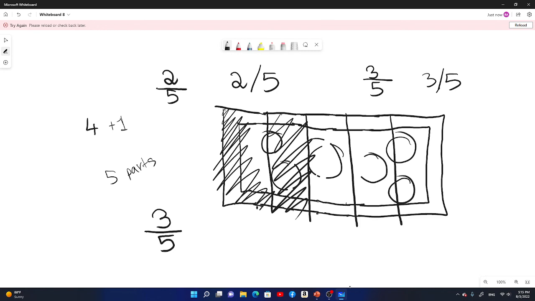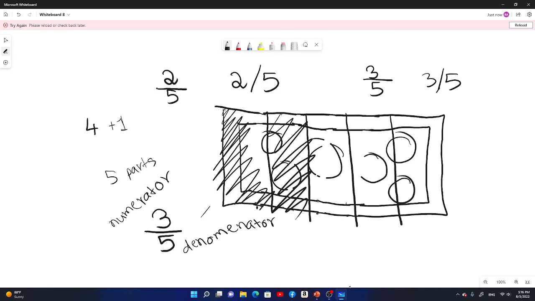And 5 is the whole number, the 5 parts. So this is the numerator. And denominator.